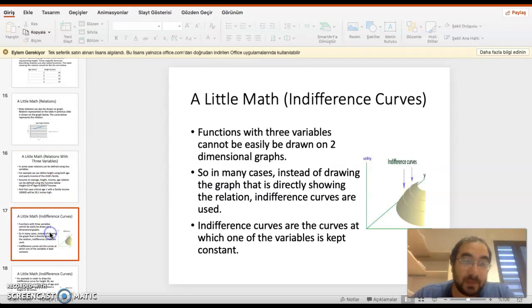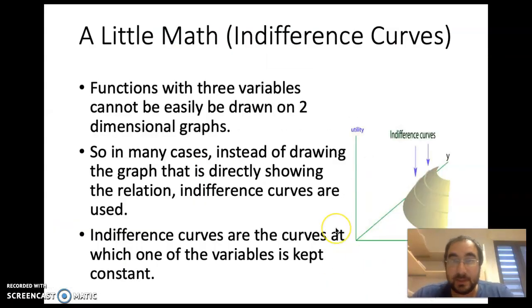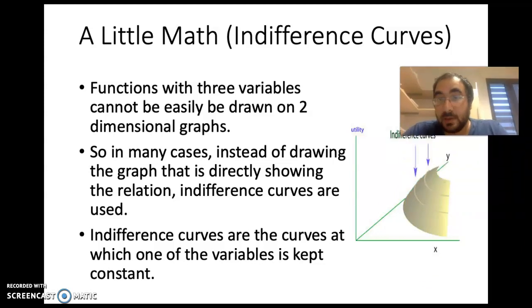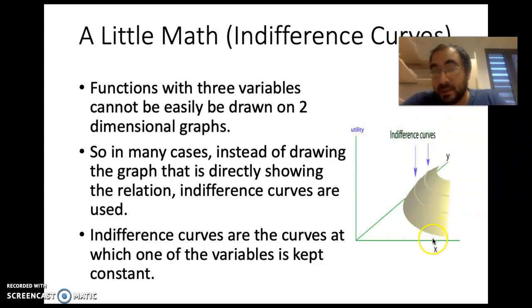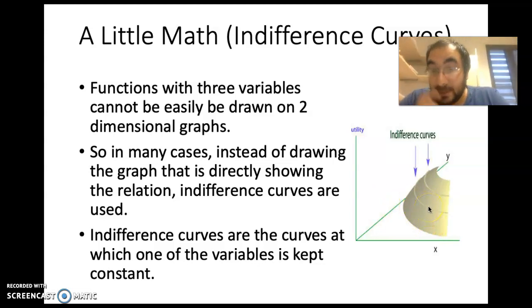Relations with three variables can be expressed in three-dimensional graphs. For example, this is a utility and these are two different goods, x and y. For each x and y, I have a particular utility level, which is represented by the height in this case.